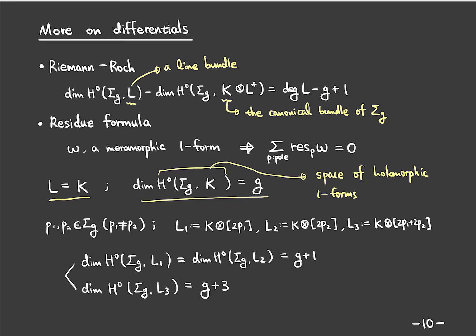Next, for distinct points P1 and P2, define the following three line bundles. Then, again by the Riemann-Roch formula, we may compute the dimension of each space of holomorphic sections.